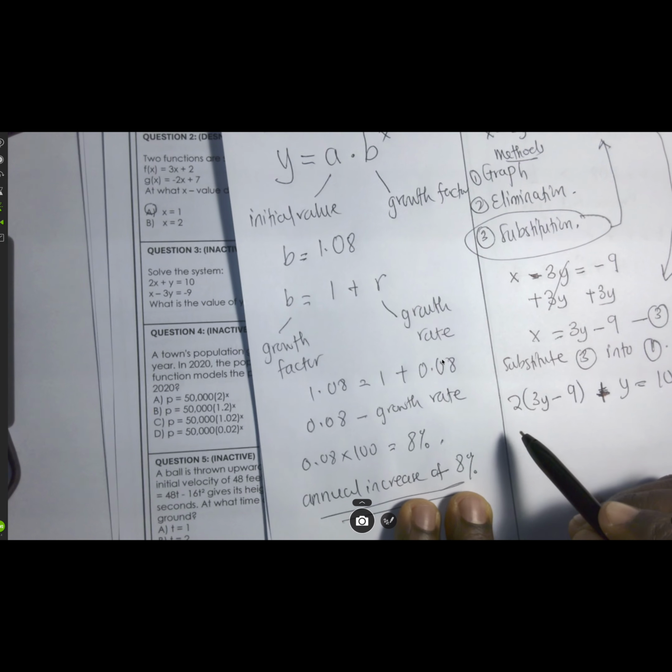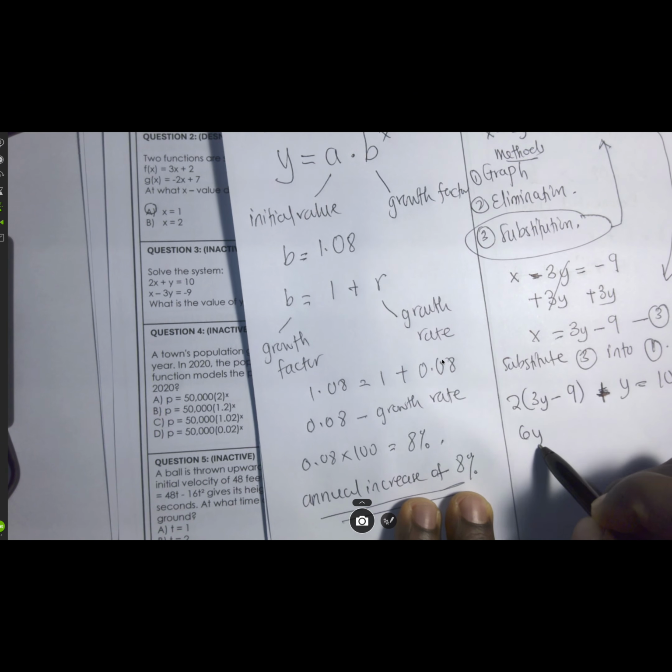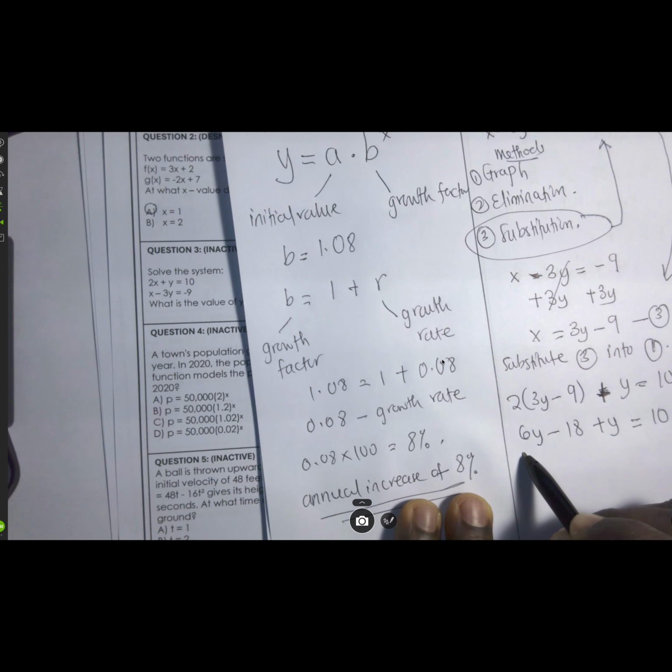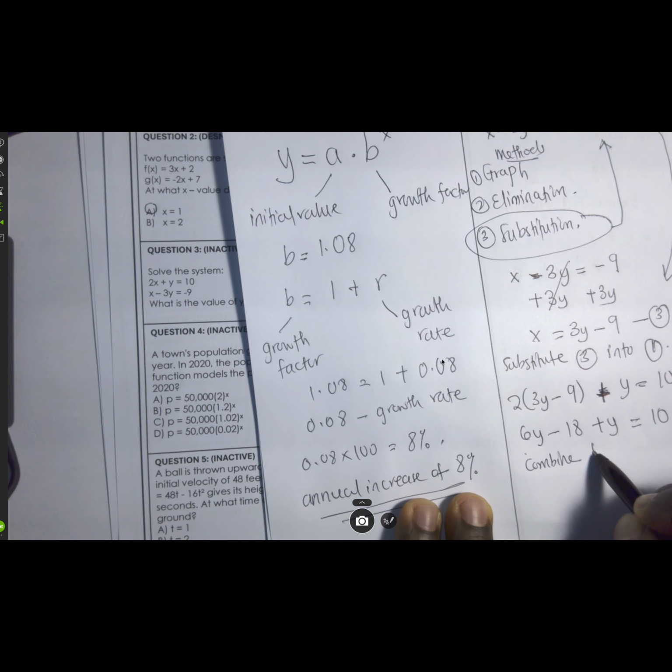Then what do we get? 2 times 3 gives us 6y minus 18 plus y equals 10. We can combine like terms, combine the y. So we combine like terms over here.